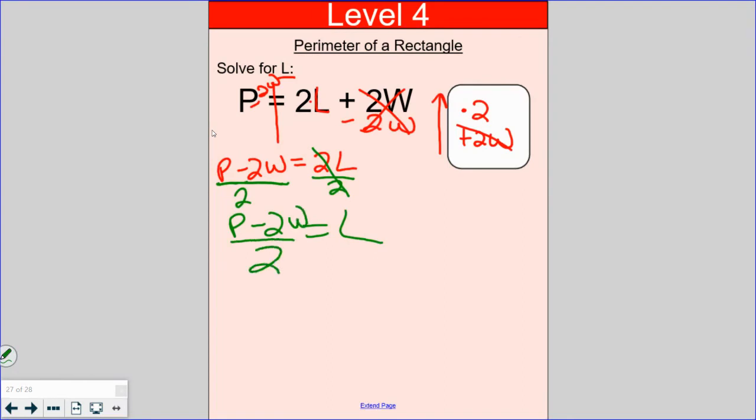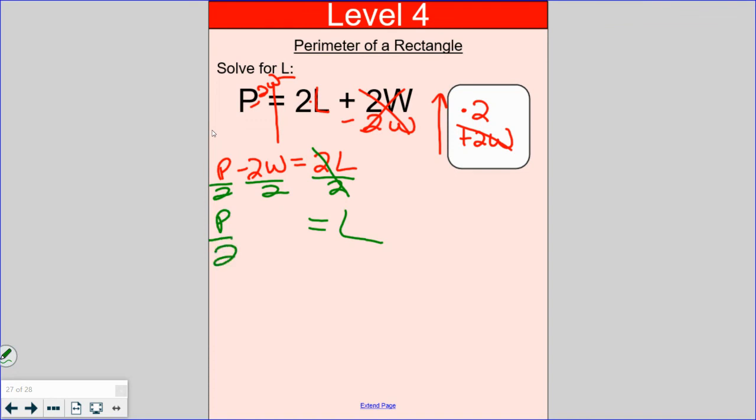Now, if we would have done it separate, I'll show you that way as well. Remember, these are level 4, so don't stress, they're not too bad. If we would have done it separate, we would have had over 2 and over 2 right here. And so p over 2 is just p over 2.